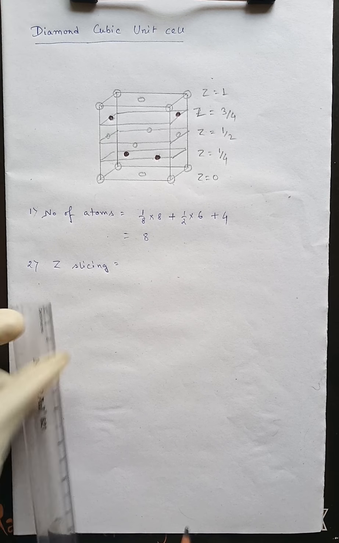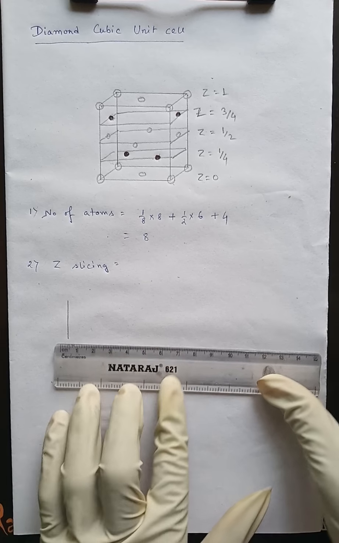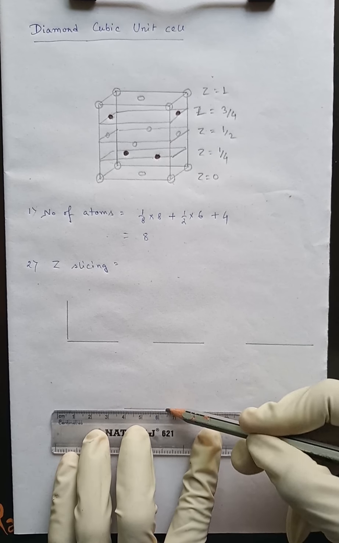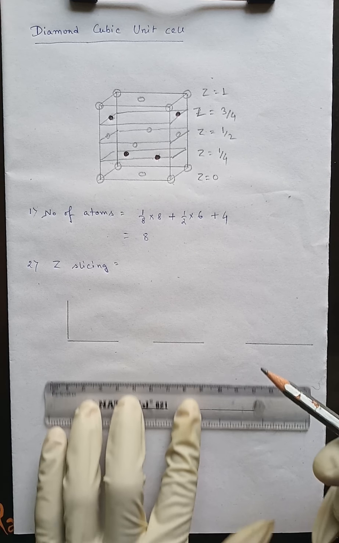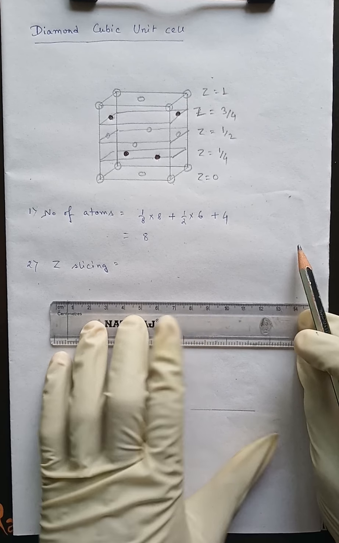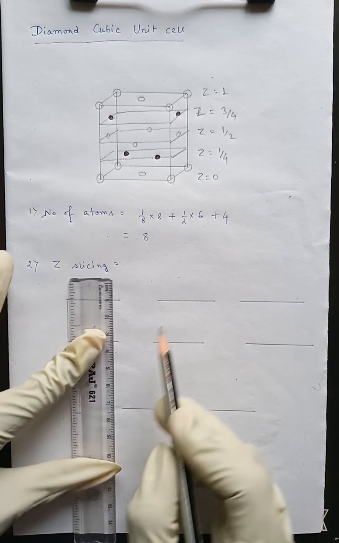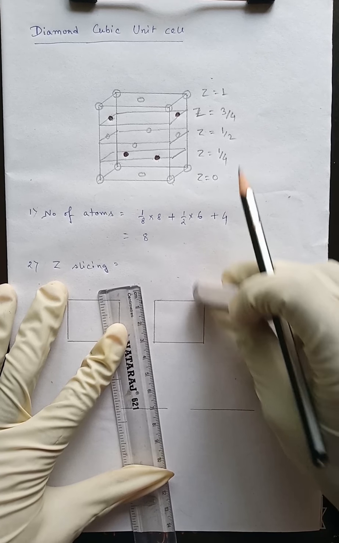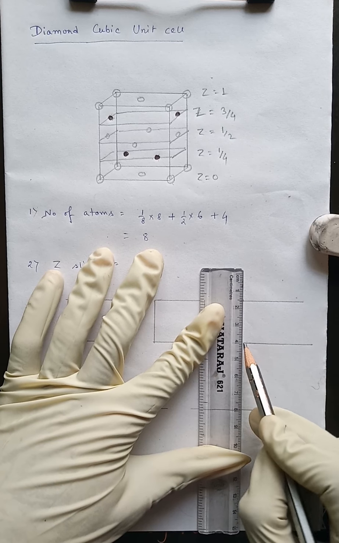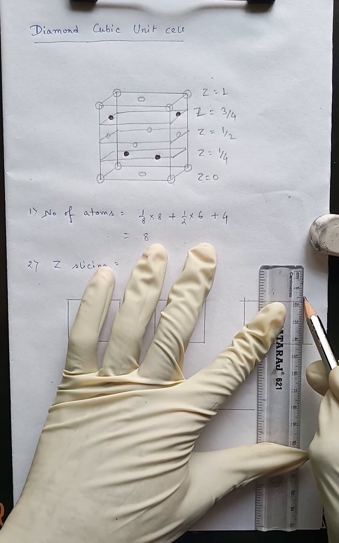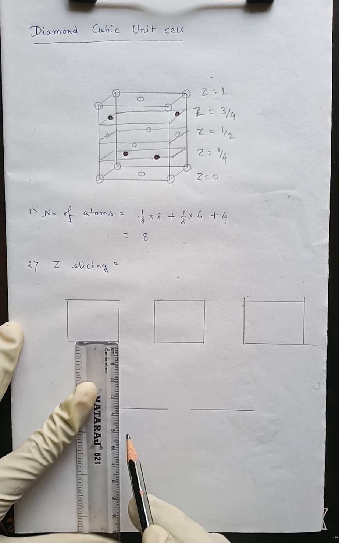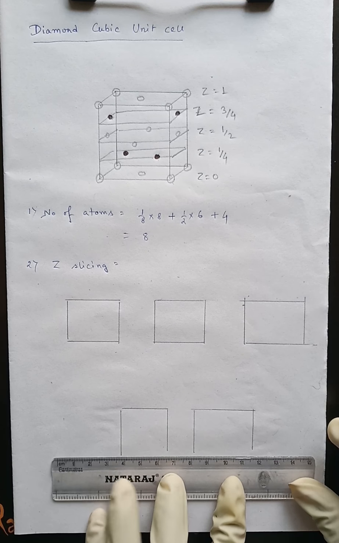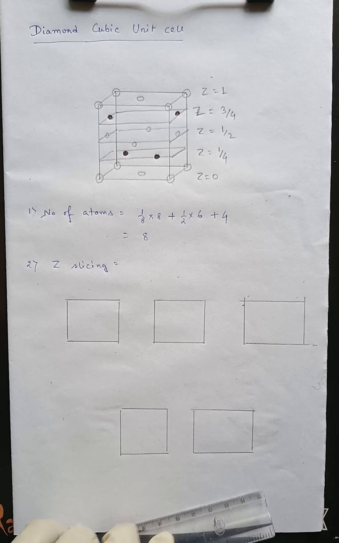So if we take the slicings, then we will get these 5 planes.